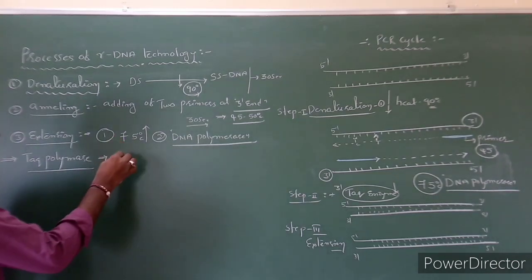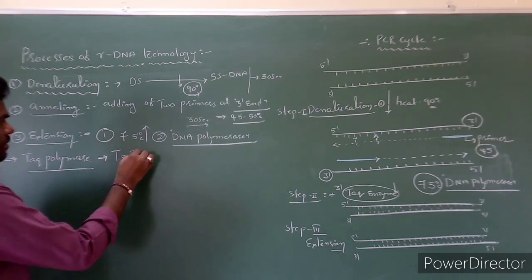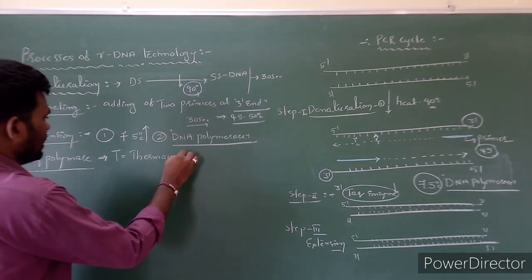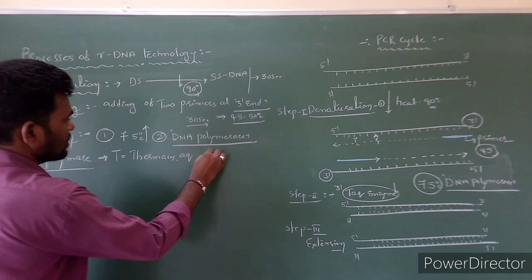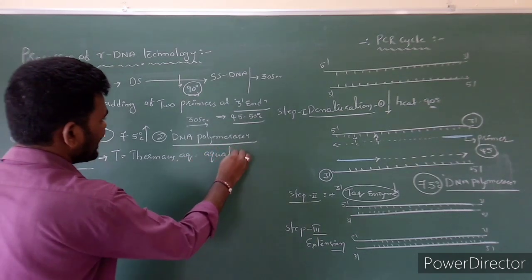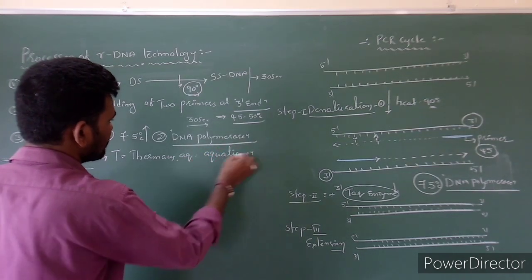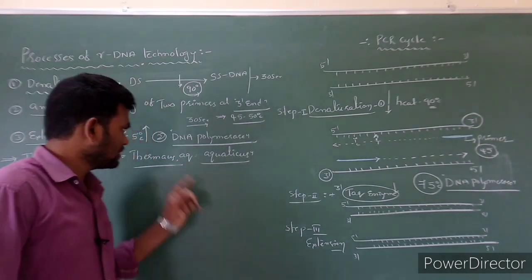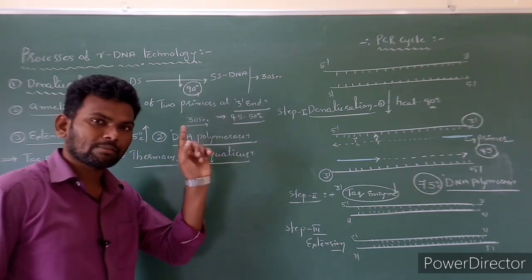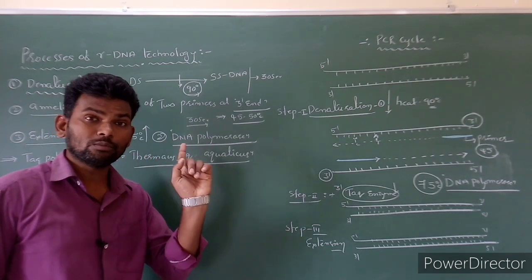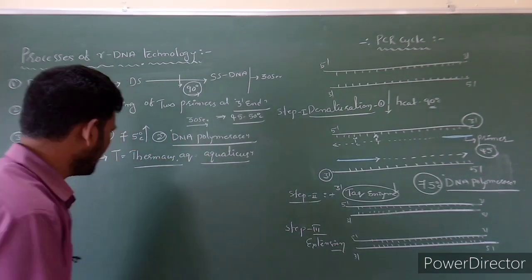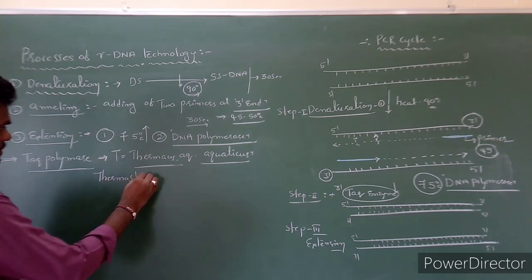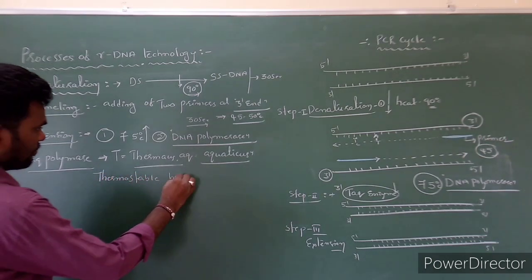Here T means Thermus, AQ means aquaticus. Thermus aquaticus enzyme. Thermus aquaticus is a bacteria. It is a thermostable bacteria.